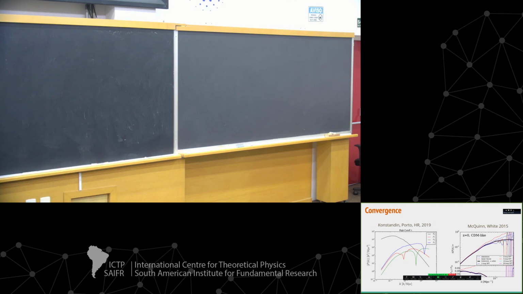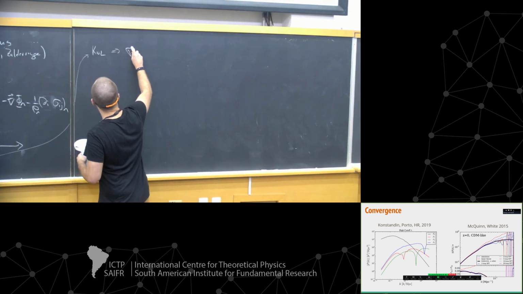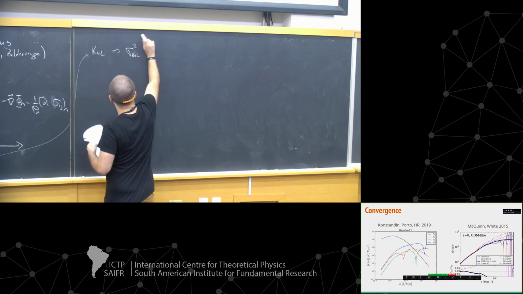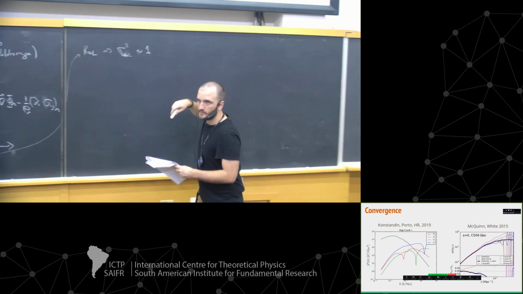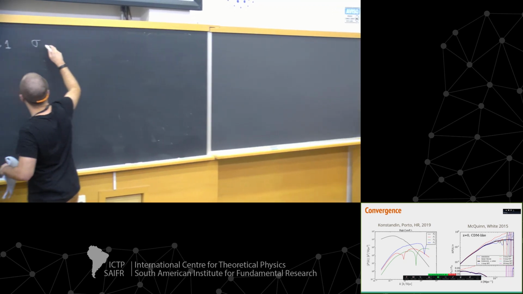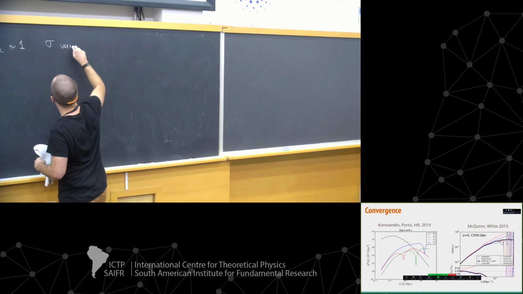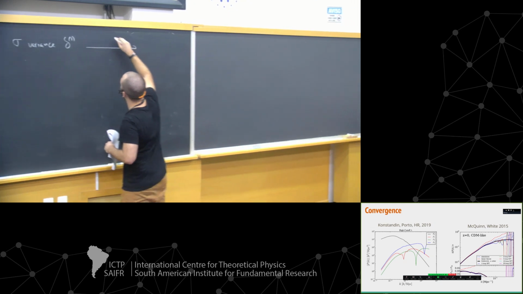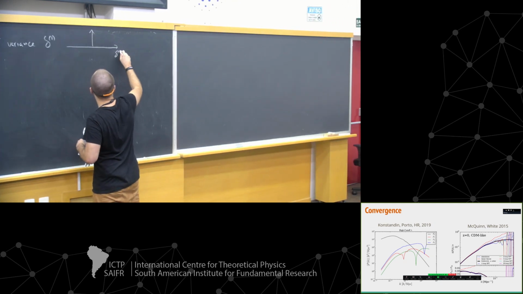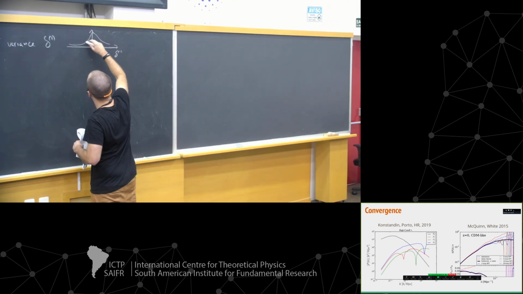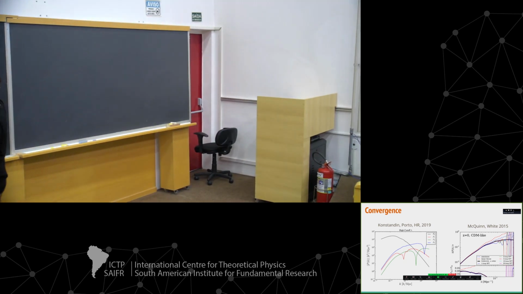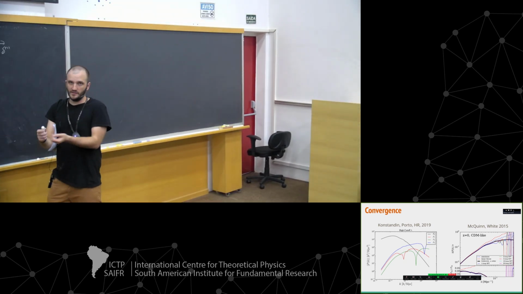But we can estimate this scale as the scale for which sigma squared at a scale k_NL is order 1, in which sigma is the variance of delta 1, the linear density field. Of course, as you smooth delta on different scales, this sigma changes.